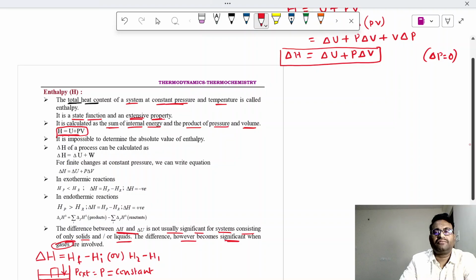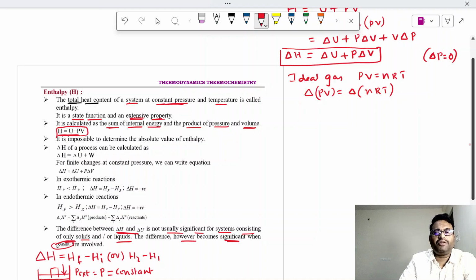So when you take, for example, an ideal gas, what is the ideal gas equation? PV is equal to nRT. If you differentiate, delta PV is equal to delta nRT.